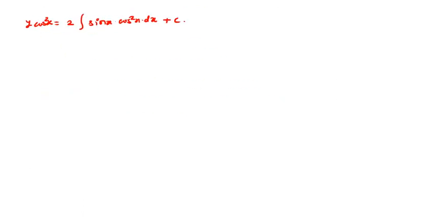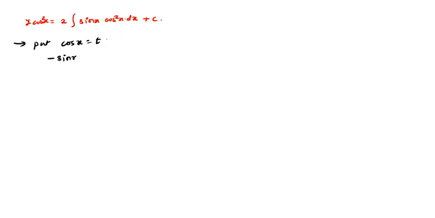Put cos x equal to t. Therefore cos x is t. This means minus sin x into dx will be equal to dt, meaning sin x dx is equal to minus dt.